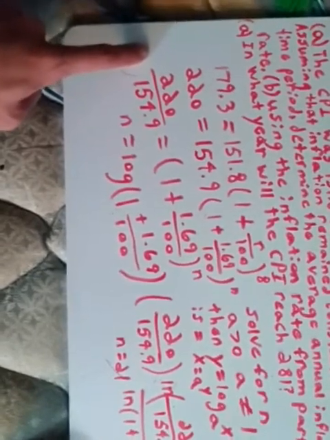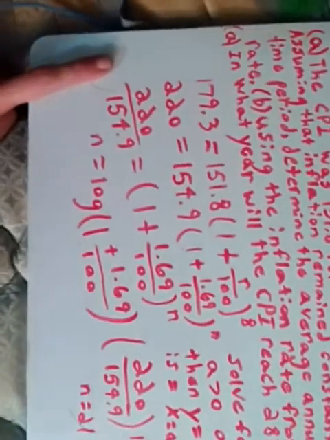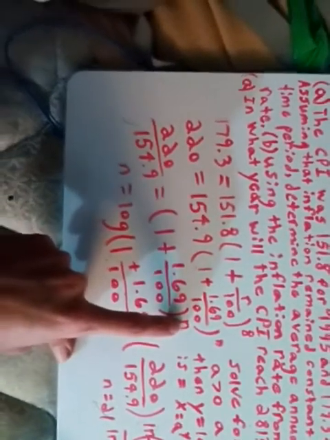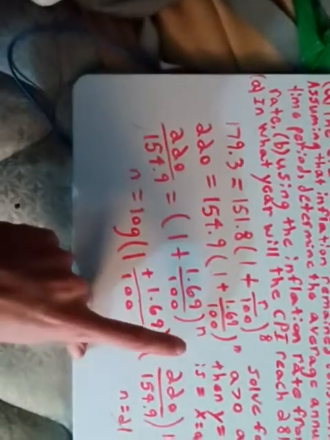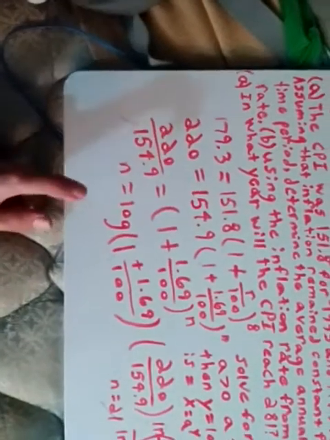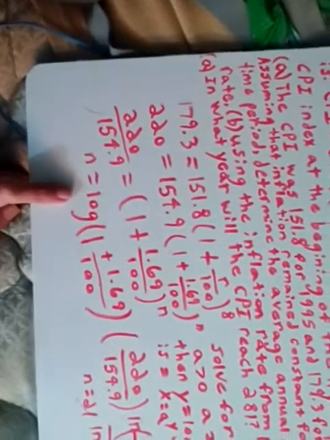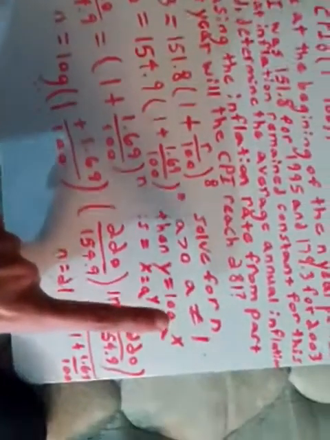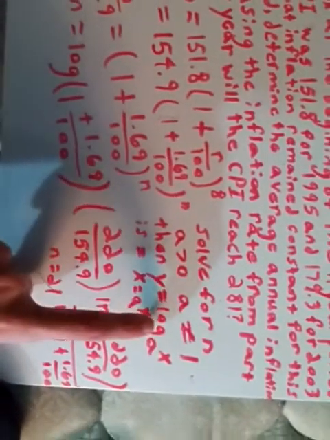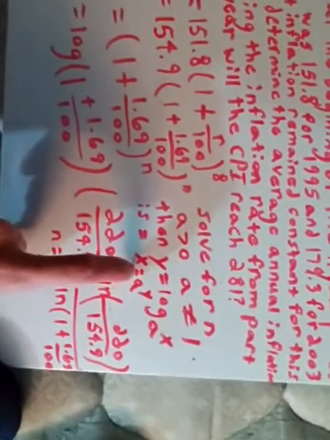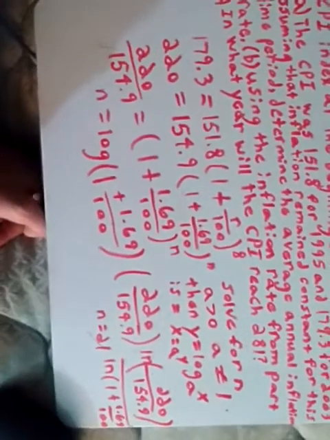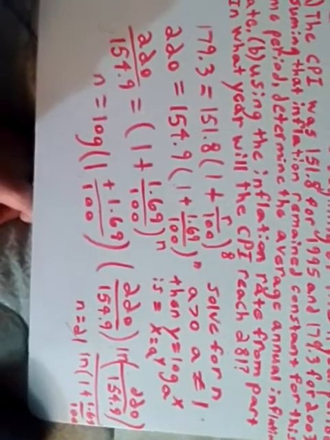So now I'm going to convert this exponential equation into logarithm form. I know that y equals log base a of x is equal to x equals a to the y power. So I'm just going to move things around.